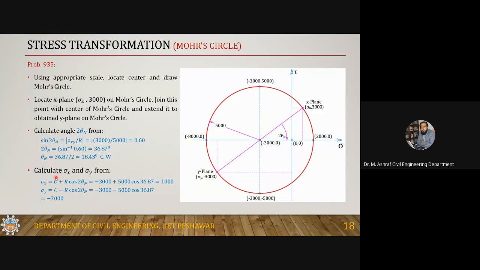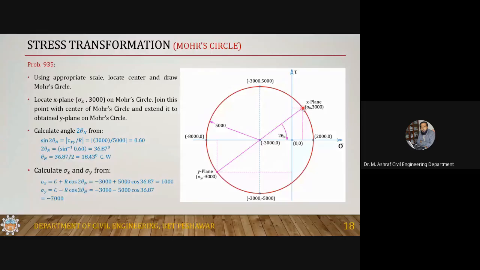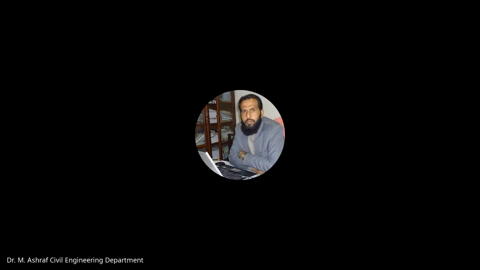Now calculate sigma x and sigma y. Sigma x is C plus R cos of 2 theta n. How do we get the coordinate of this? Let's suppose this is alpha. From here up to here, this distance is R cos of 2 theta n.